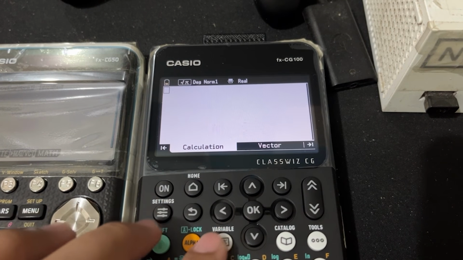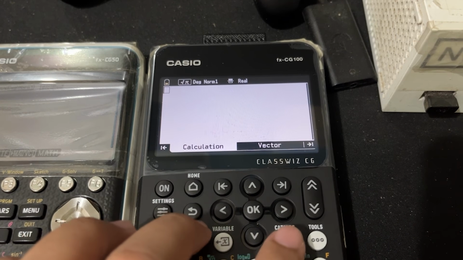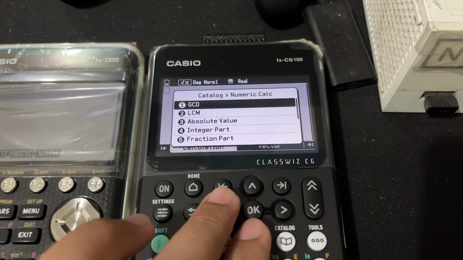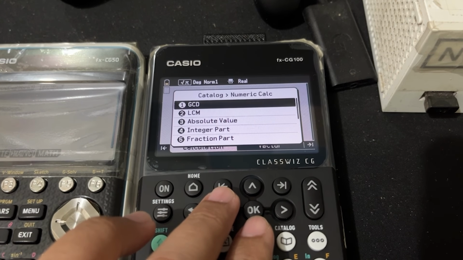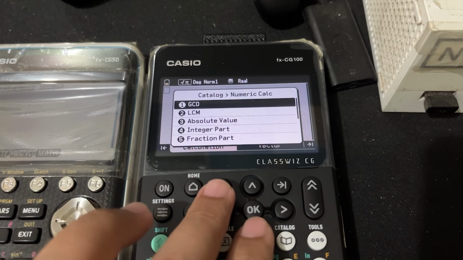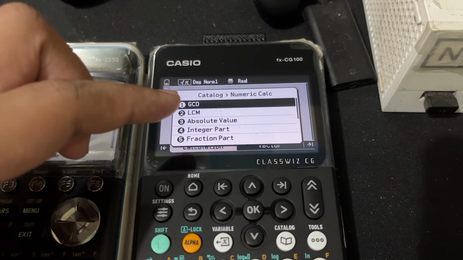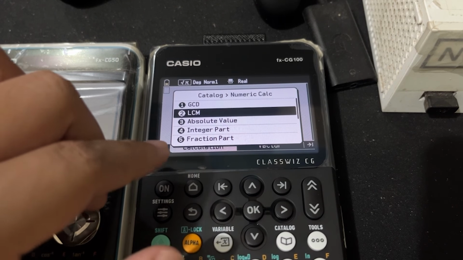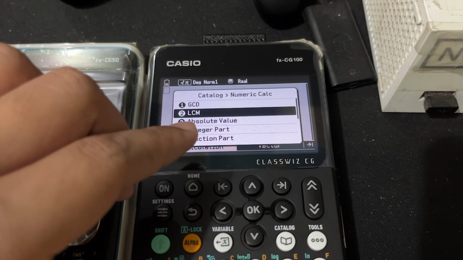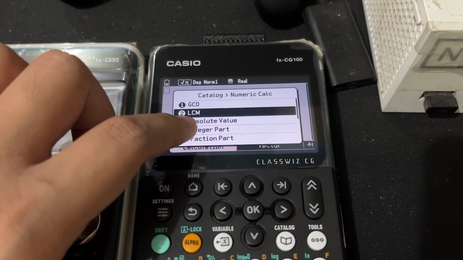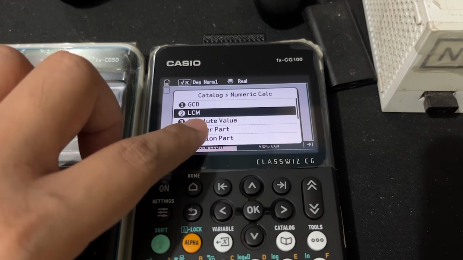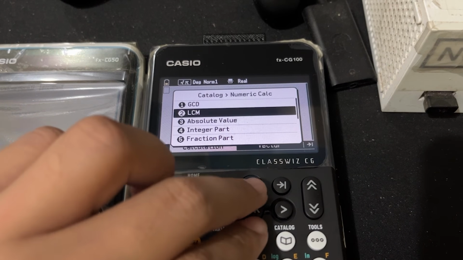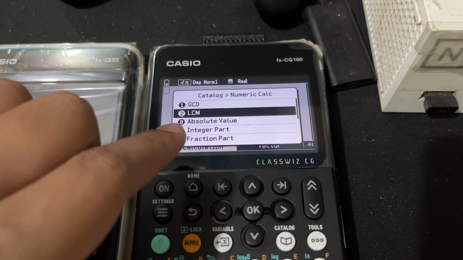But there's a variable, the catalog tools, numeric key, GCD. I remember this back in school. GCD, greatest common divisor, and least common multiple. I don't remember this one well; I saw it in elementary school.